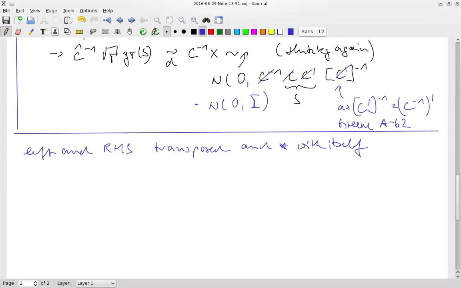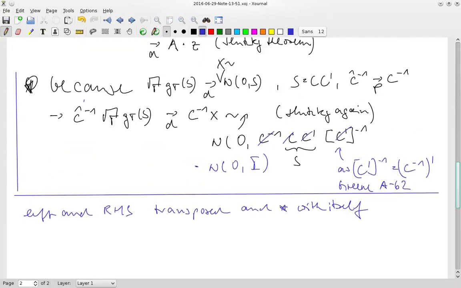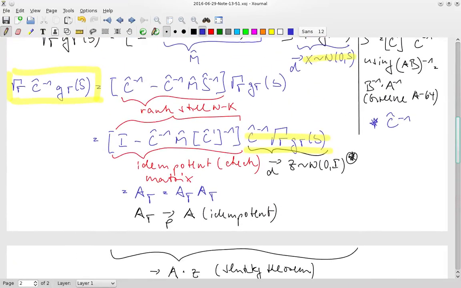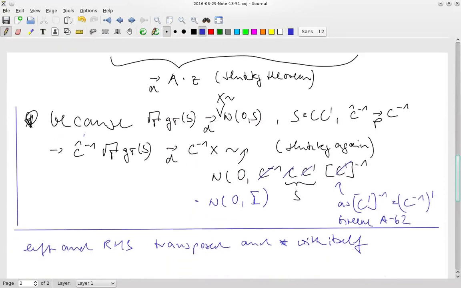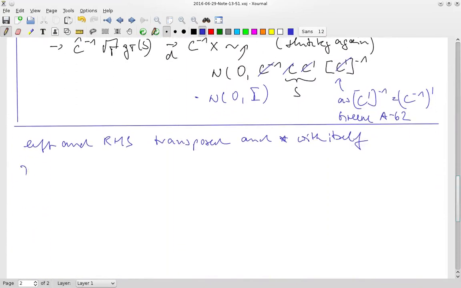Okay. So do that with the term square root of T, C hat to the minus 1, g_T of b hat, as the square root of T g_T of b hat, and I said I transpose this thing. C hat to the minus 1 then sort of changes its place, and then go and transpose it.